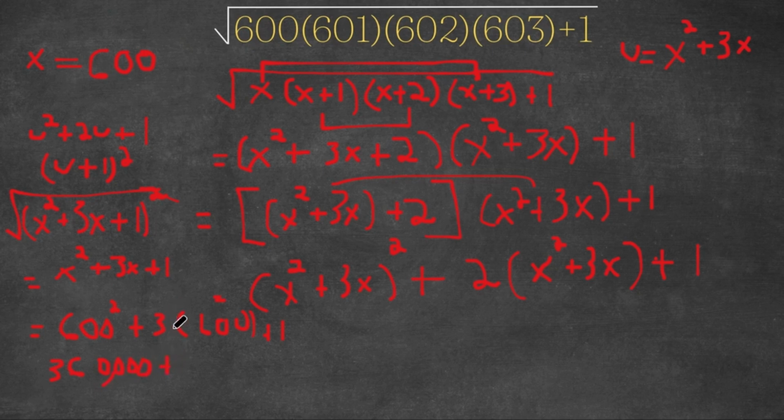Plus 3 times 600 is 1800. And we still have our plus 1. And this equals, well, 360,000 plus 1,800 is 361,800. And if we add our 1, we get 361,801. So this would be our final answer. And we didn't even use a calculator to solve this.